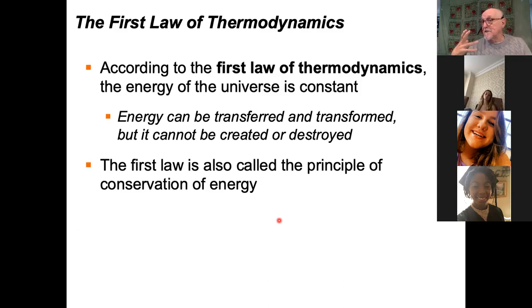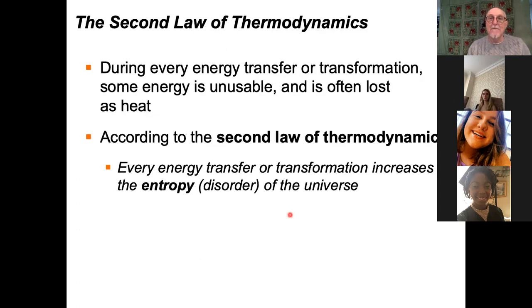We, in eating, transform energy from one form to another. We eat something, we transform some of the energy into the energy of movement or whatever we need energy for. Energy can be transformed in the cell. But unfortunately, the second law of thermodynamics tells us every time we transform energy, we're going to waste some energy.